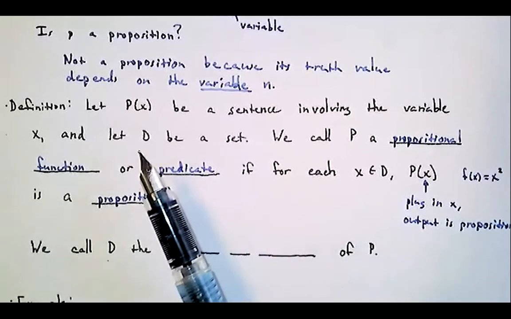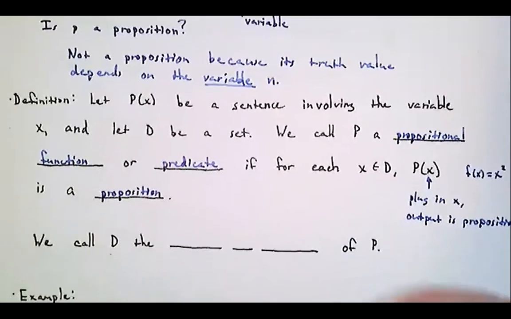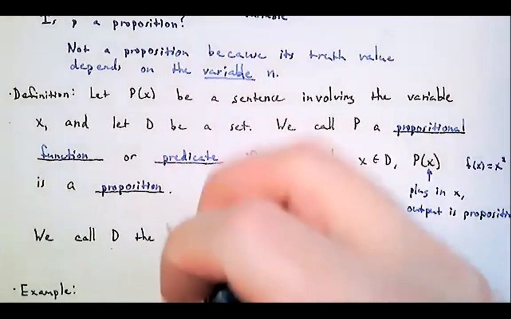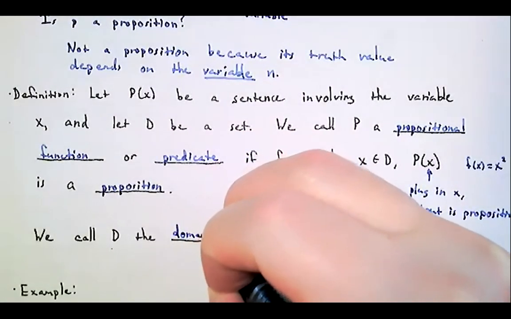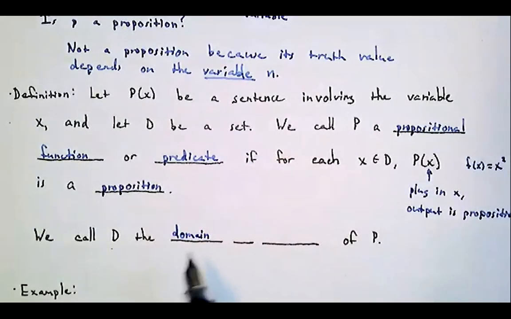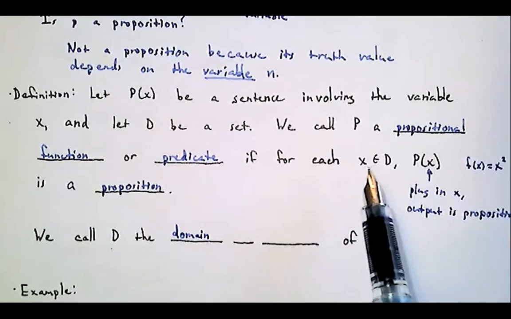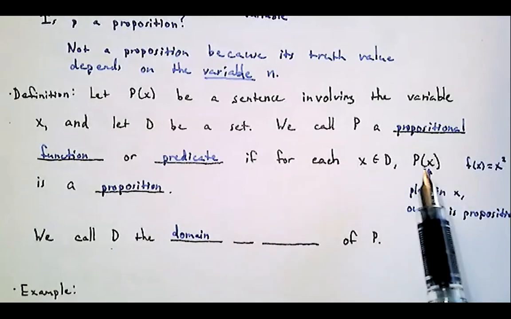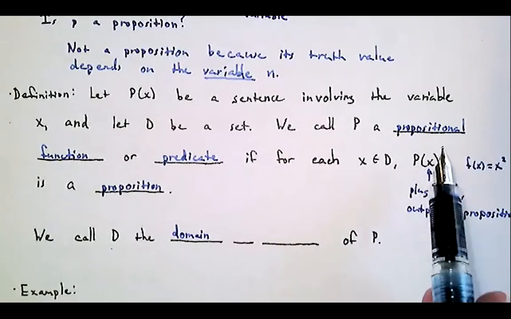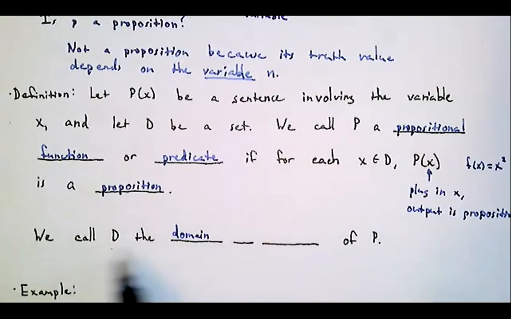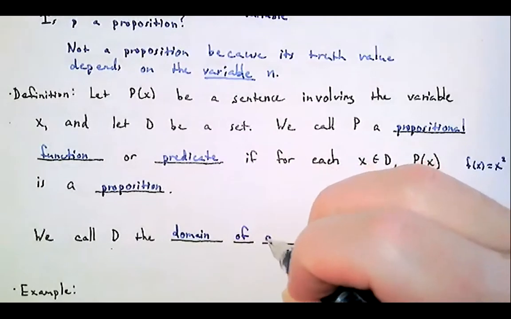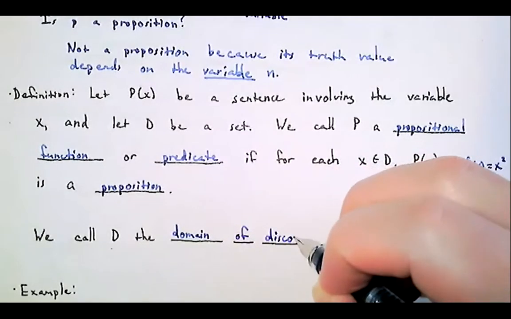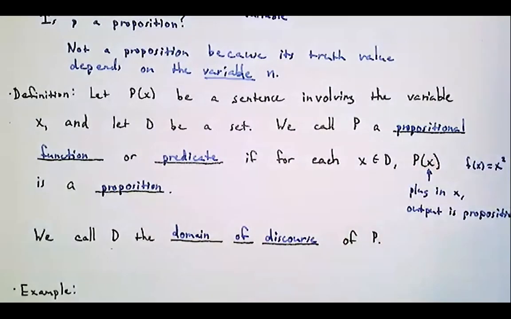So what is D? D is the domain. So you might remember from an algebra class or something like that, that the domain of a function is the set of things that you can plug in. And D is the set of things that we're plugging into this propositional function. And usually we use the word domain, but we say the domain of discourse when we're talking about logic.